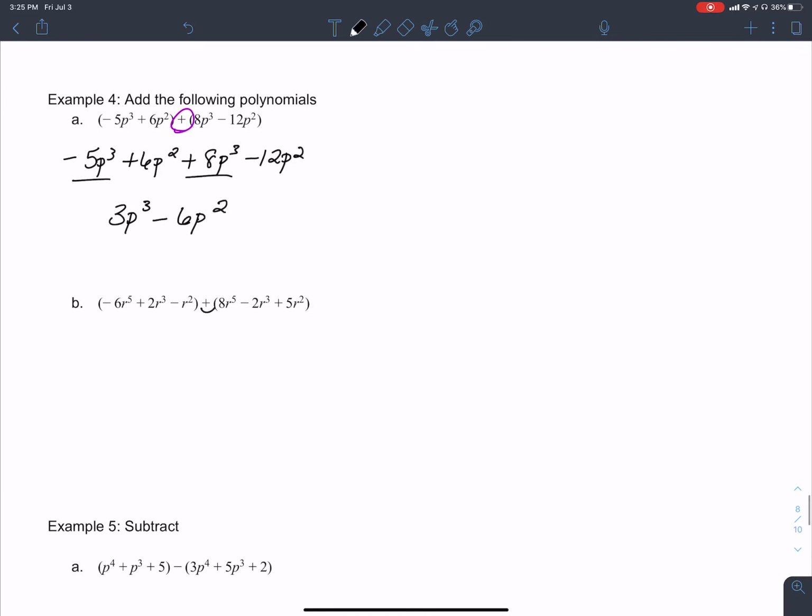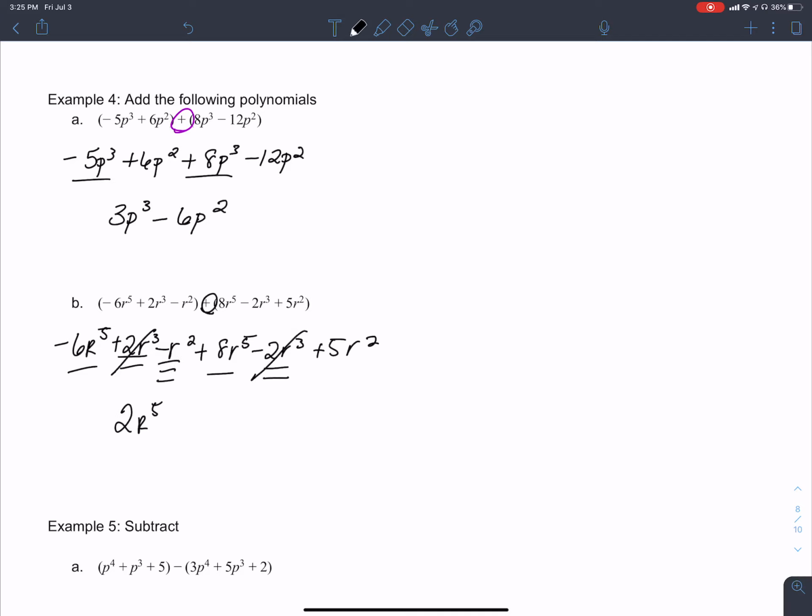Let's do it again. There's a plus sign, drop my parentheses, add my highest, so negative 6r to the fifth plus 8r to the fifth is 2r to the fifth. 2r cubed minus 2r cubed, I love when things cancel, and minus 1r squared plus 5r squared is 4r squared, okay?